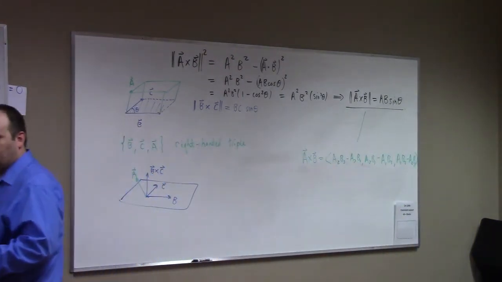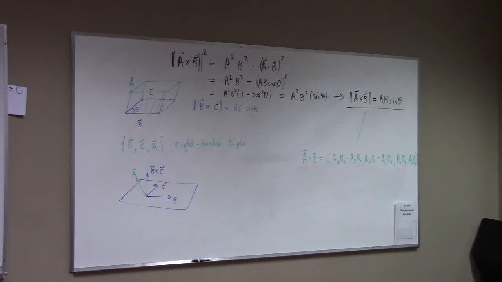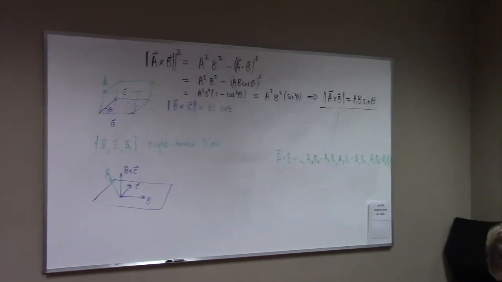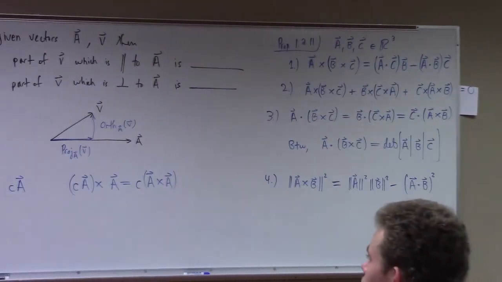There is a wide gulf between that formula and the geometric formula AB sine theta. What bridges the gap is Lagrange's theorem, this number 4. Let me show you the proof of it for just a minute, and then I'll put away my toys.